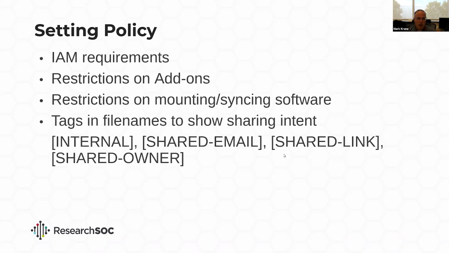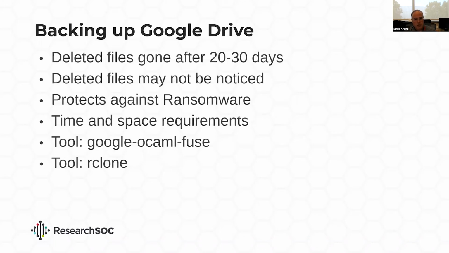Here's a sample of some of them; there's more in the white paper. They basically indicate to the auditing staff, and eventually to automated software, what the sharing intention was, so it can alert when people have permissions that are different from what was intended.